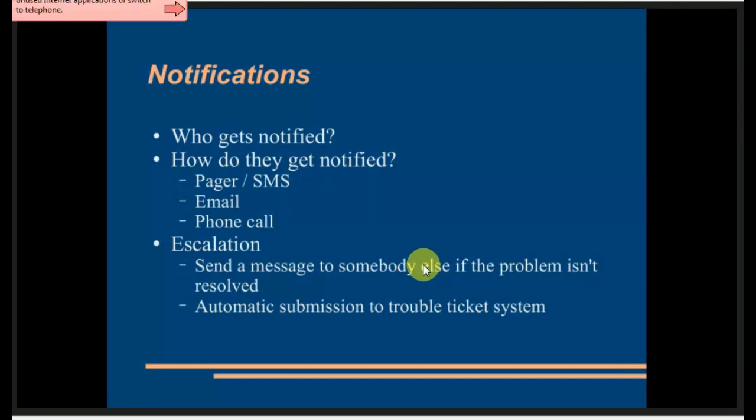Now, who gets notified? In most organizations, there is a monitoring team who will get notifications continuously. So that's not really much of a concern. There is something called pager calls and SMSs. Your monitoring tools can be interlinked with other tools like PagerDuty, which literally calls your phone saying that a particular service is not responding or dead or it's a normal operation.